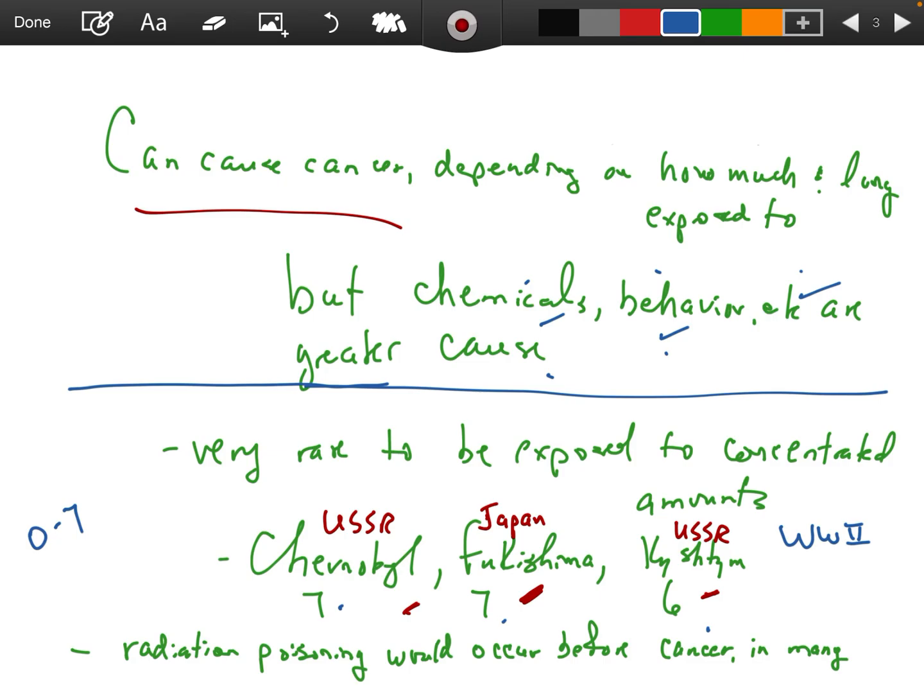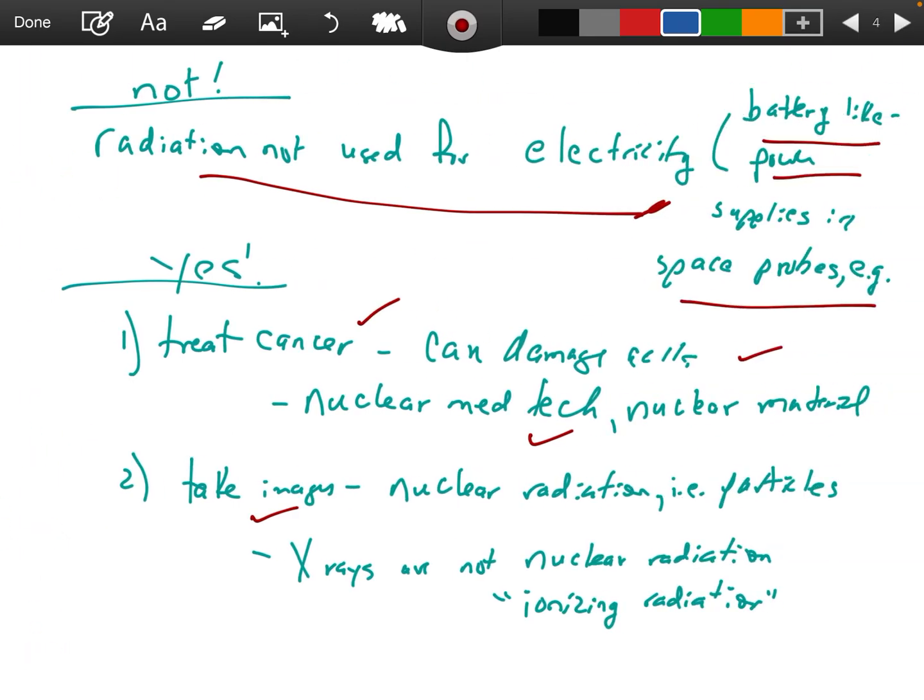A lot of people who died at Chernobyl died from radiation poisoning. They didn't die from cancer. If you get exposed to a large amount, it's like a poison, and it damages cells and organs, and you are usually killed within a matter of days or weeks if there's a large enough amount. So that's not cancer.